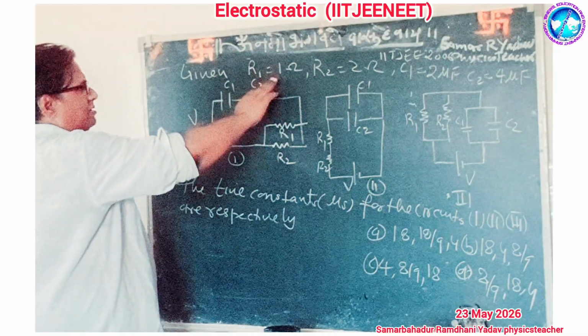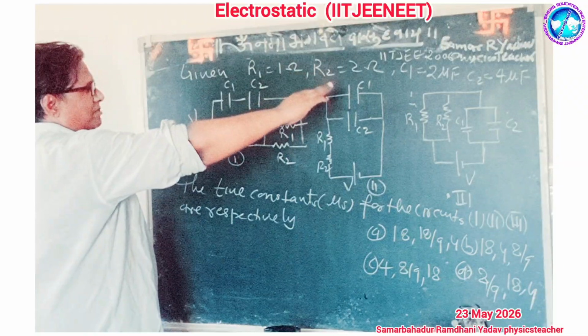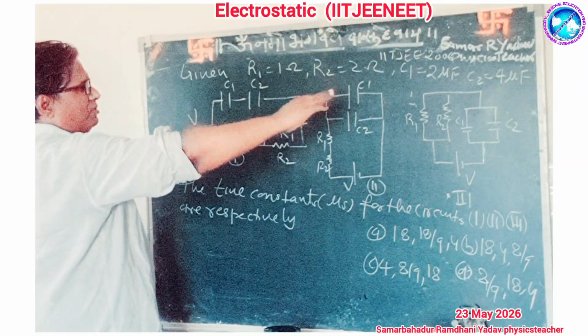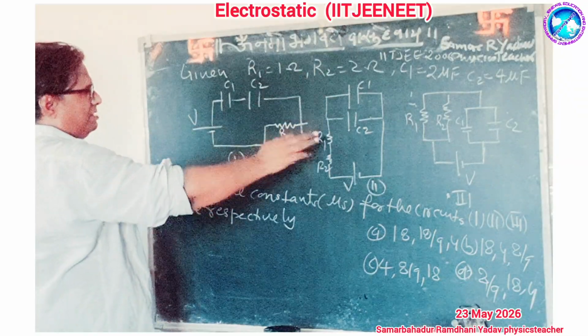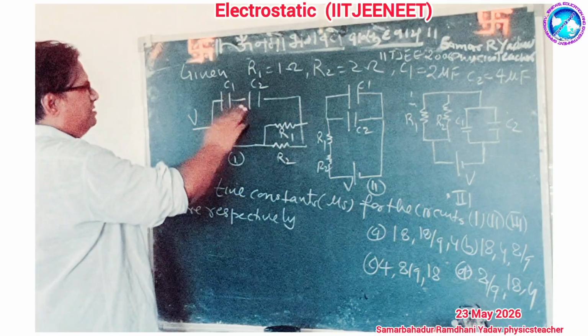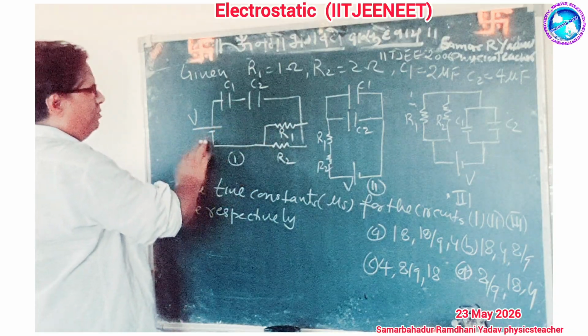Again, given R1 is equal to 1 ohm, R2 is equal to 2 ohm, and C1 is 2 microfarad, C2 is 4 microfarad. Three circuits are given, in which the first circuit has C1 and C2 in series and R1 and R2 in parallel with the voltage.